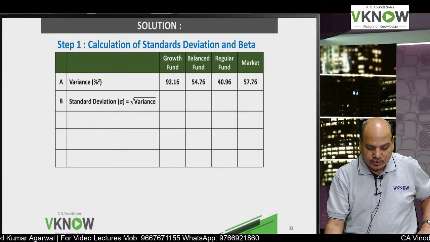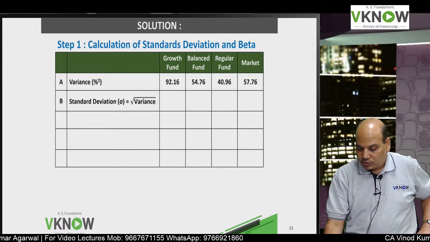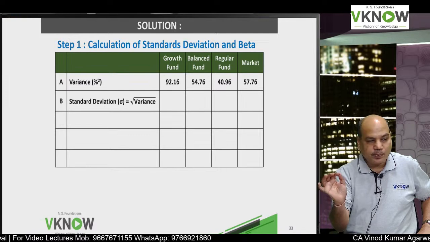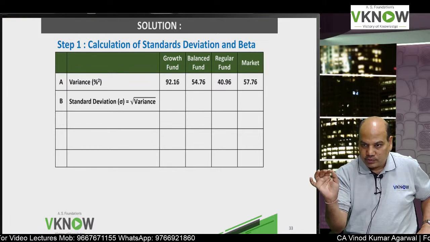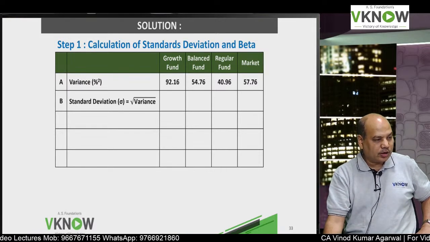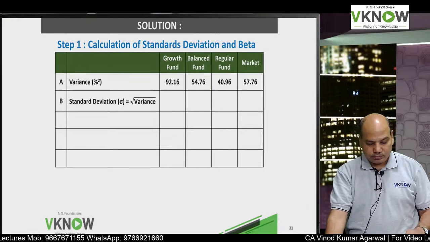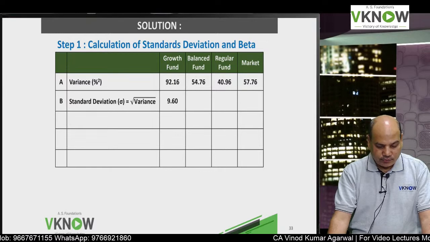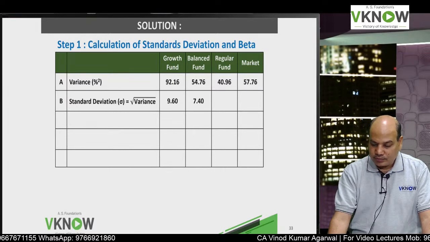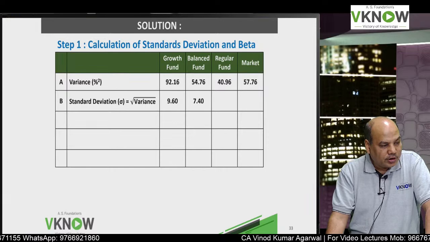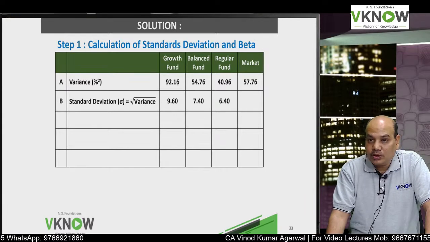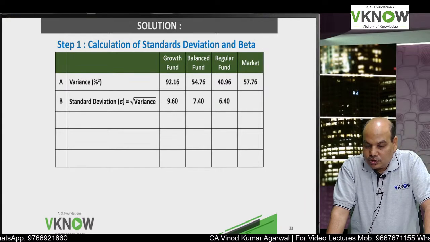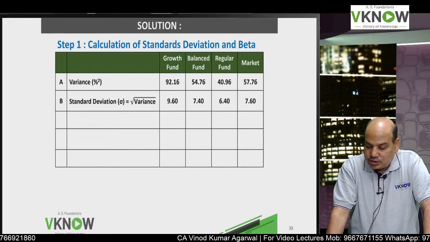That is the square root of variance. Type on your calculator 92.16, press the square root function. Tell me the answer. What is the answer? 9.60. Very good. Next one. 7.40. Next one, answer please. 6.40. Market also 7.60.